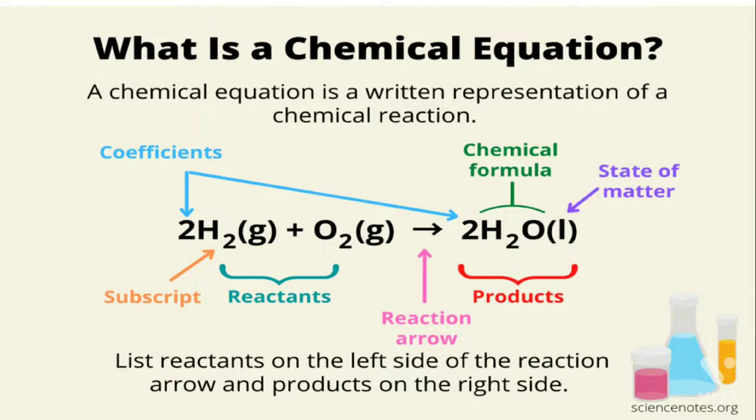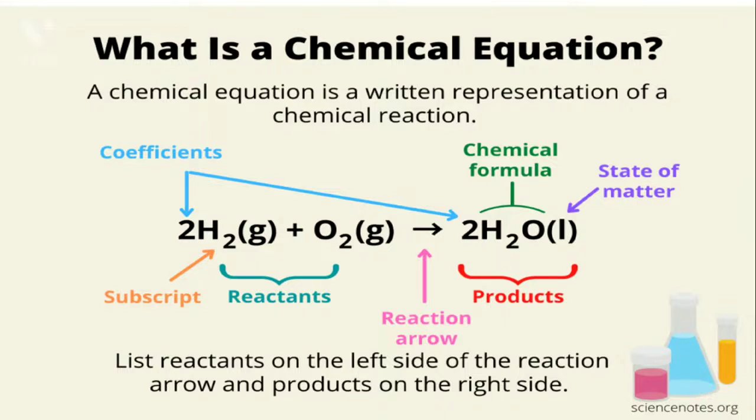So equation means the symbolic representation of the chemical reaction. In a reaction I am pronouncing the whole name of the element, but in the equation I am just saying the short form of that particular element. So this is the meaning of chemical equation.